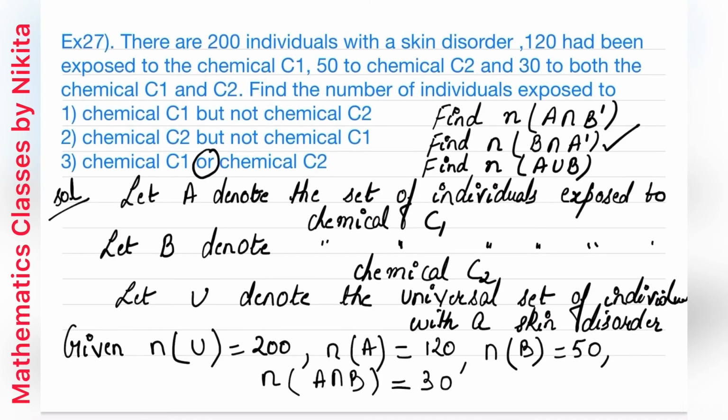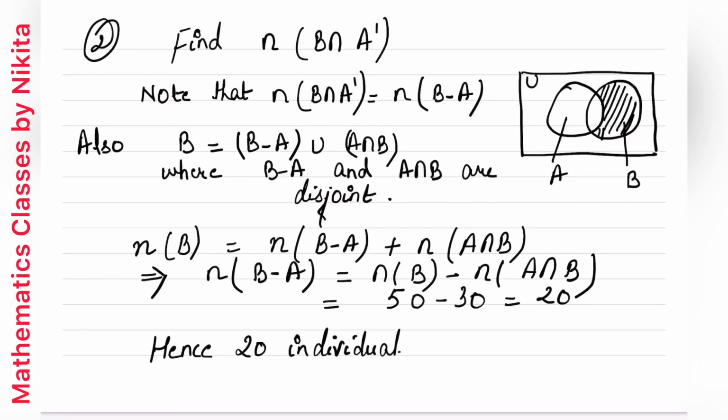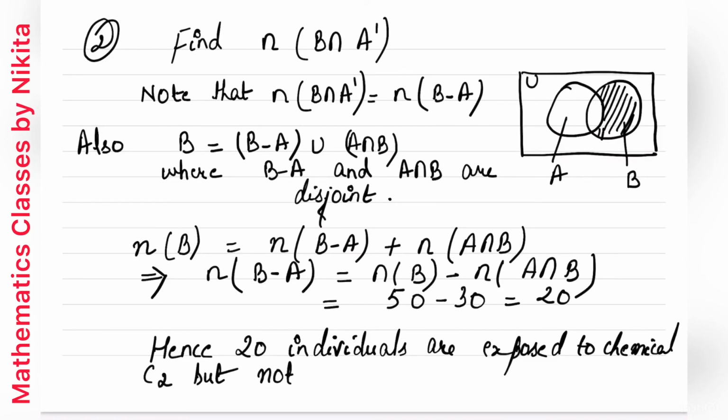N of B was 50. So 50 minus 30 will give you 20. So hence 20 individuals are exposed to chemical C2 but not C1. I hope you are understanding.